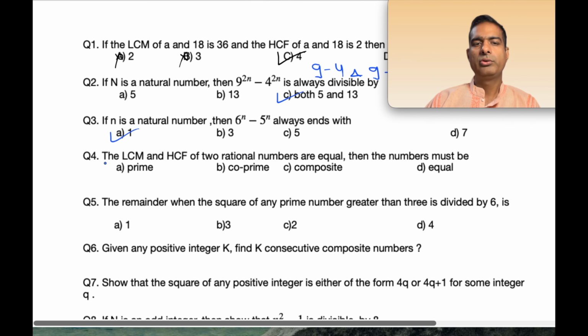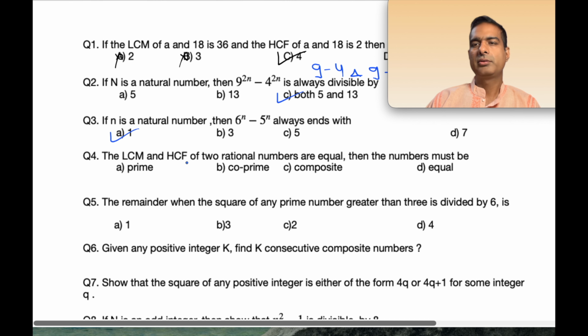Now question number 4. The LCM and HCF of two rational numbers are equal. So LCM and HCF are equal. Then the numbers must be. So LCM is the number which is either greater or equal to the greatest of the two numbers.